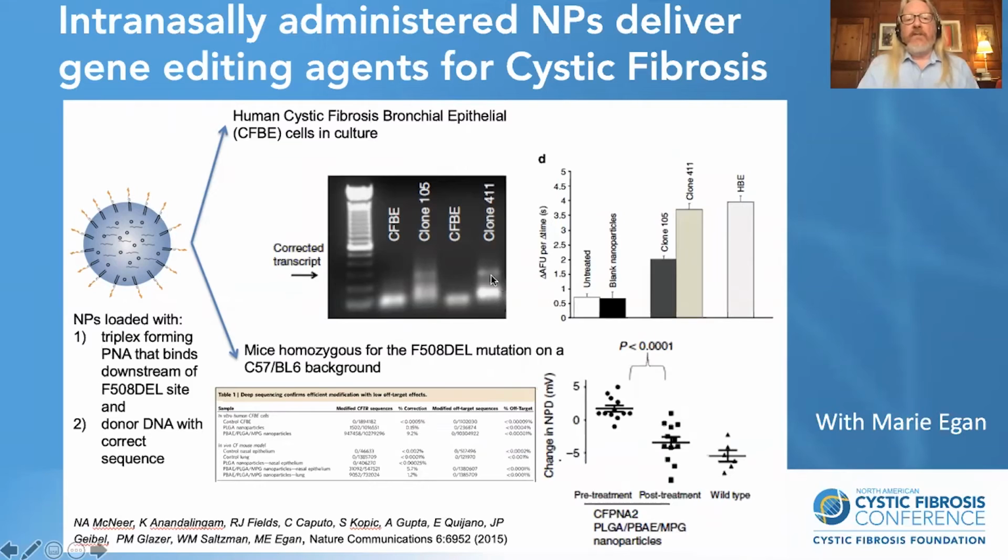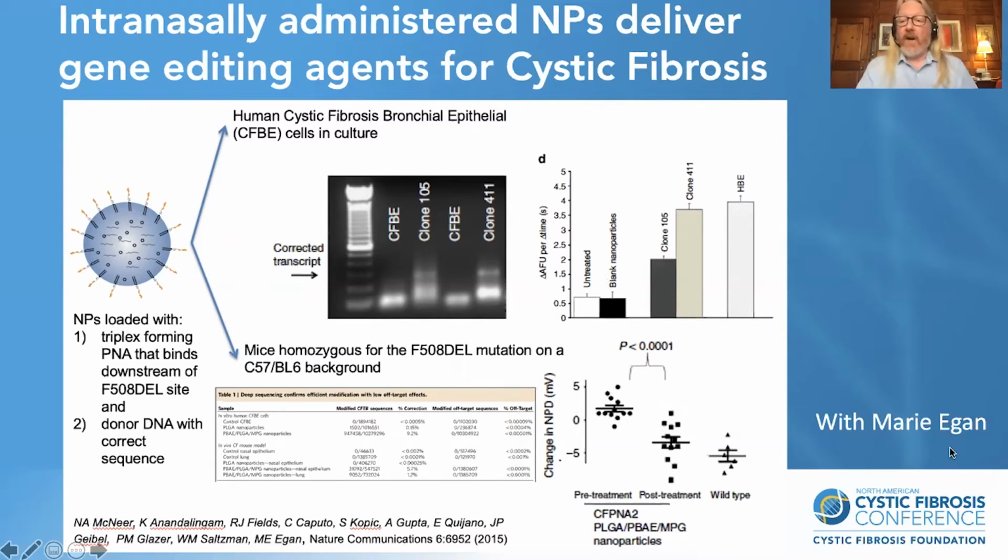And if you cloned out those cells and then grew them in culture and measured chloride flux, we found that they were almost as efficient at moving chloride as the normal cells without the delta F508 mutation. We delivered these intranasally in animals and then measured the nasal potential difference some weeks after delivery.